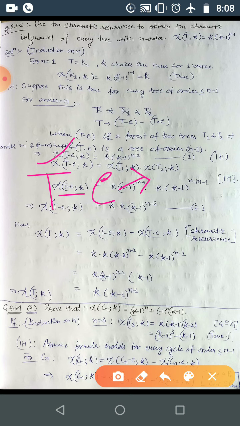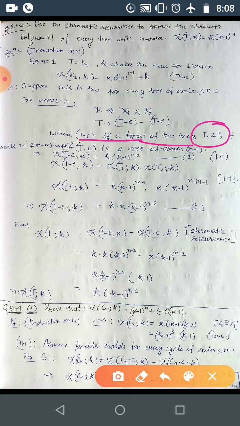Correct. So it will be split into two components, and it will obviously be acyclic because it was acyclic, and we are not adding an edge, we are just removing one. So we are getting two trees, two acyclic graphs. Correct. So T minus e will be a forest of two trees, or you can say a forest of two components.